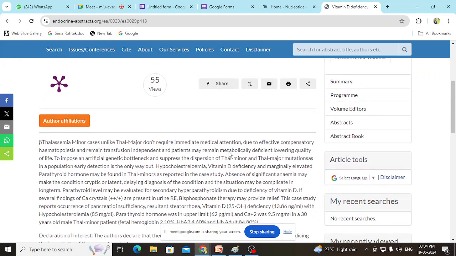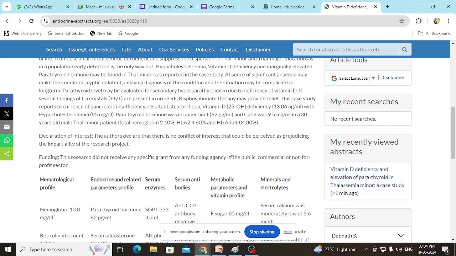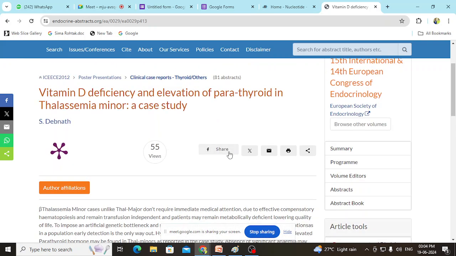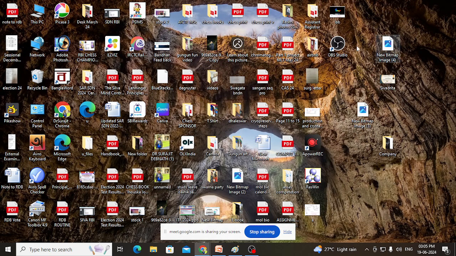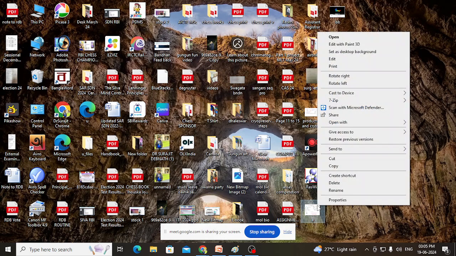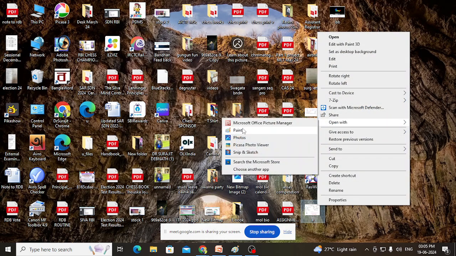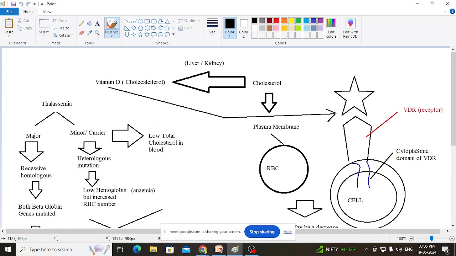So in this study, what we figured out is that beta thalassemia minor, which we already discussed, is a genetic disease which can have two different aspects: beta thalassemia minor and beta thalassemia major.